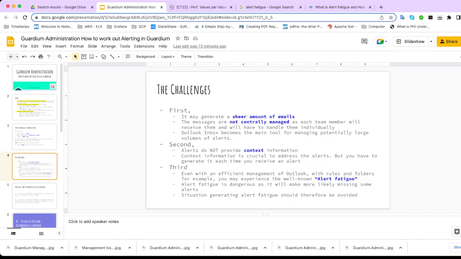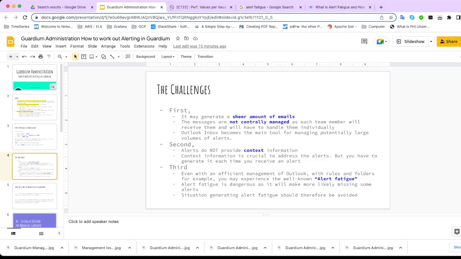The second thing related to that: those messages are not centrally managed, because each team member will receive them and will have to handle them individually. It becomes the responsibility of the team member, since there is no standard and common way of handling them.